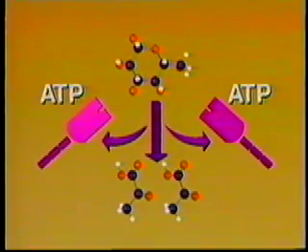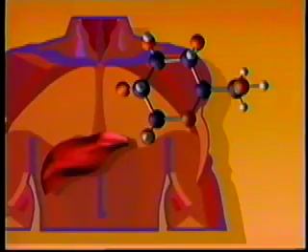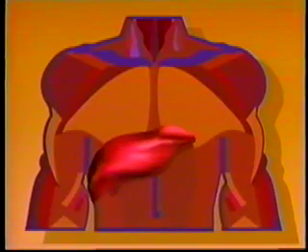But before the process of glycolysis gets underway, glucose must be made available. In the human body, glucose is stored principally in the liver and muscles as the carbohydrate glycogen.